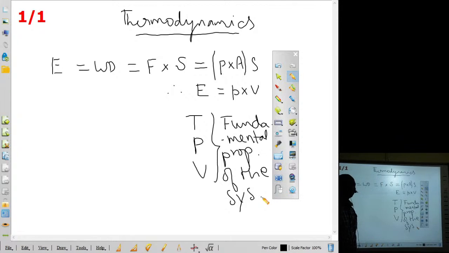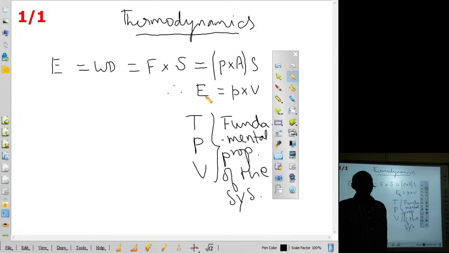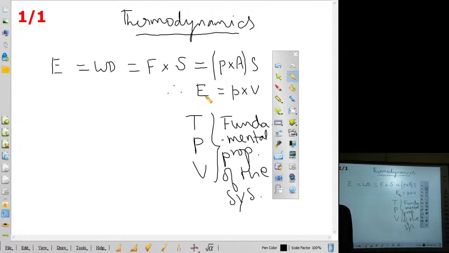Thermodynamics is a field of science that deals with the energy possessed by gases and vapors. You see, when you study the energy details for a solid, that is what we study under mechanics. And when you study the energy details of liquids, that is what we have under fluid mechanics. So what is now left out is gas or maybe a vapor.